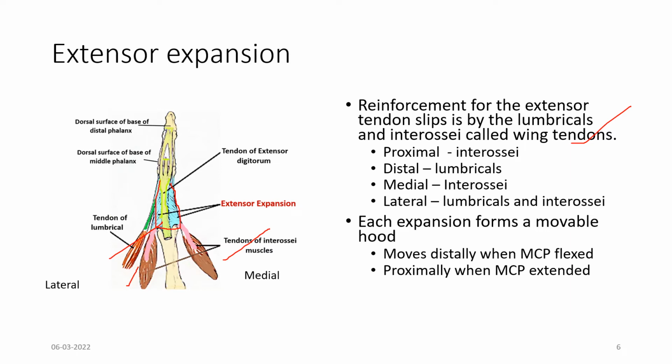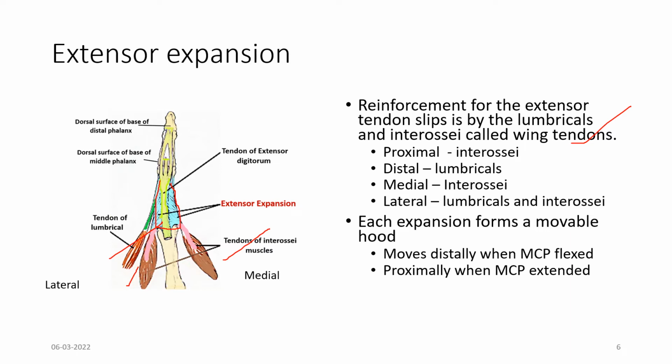So each of these expansions will be forming a movable hood. It moves distally when the metacarpophalangeal joint is flexed, and it moves proximally when the metacarpophalangeal joint is extended.